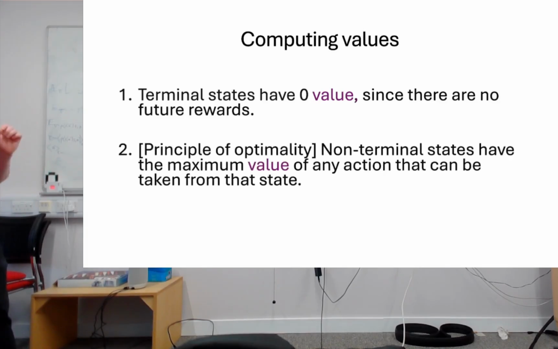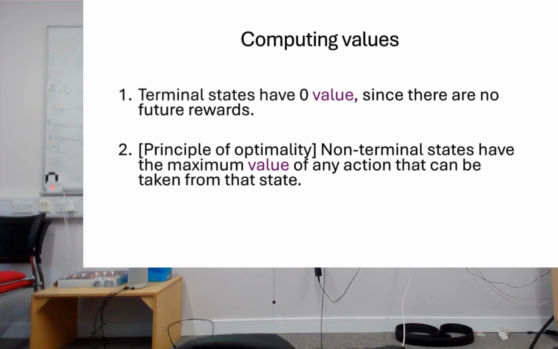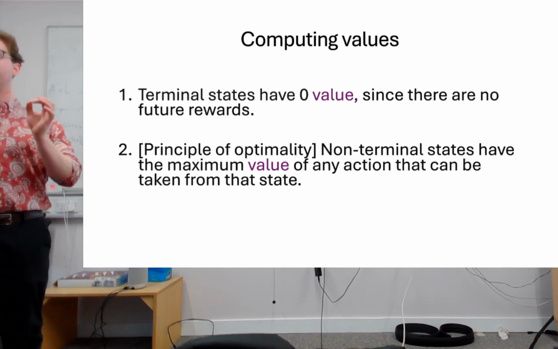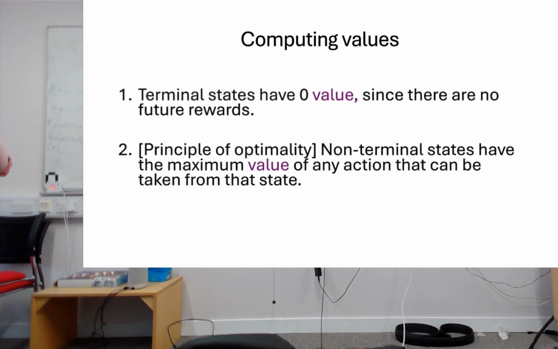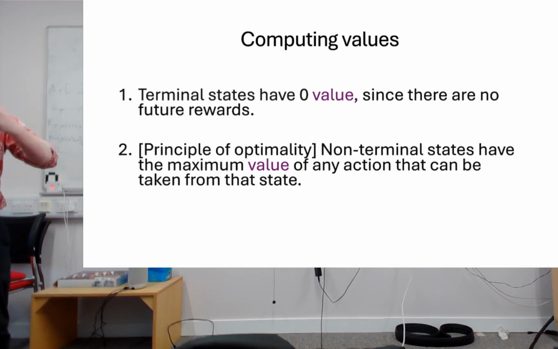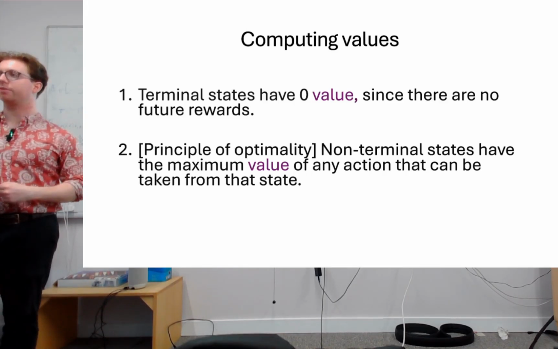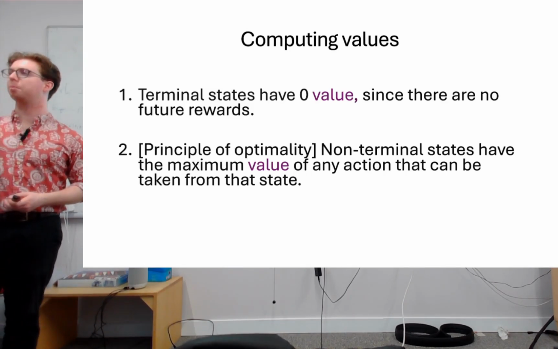The second axiom is what we call the principle of optimality. This says that if I'm at a non-terminal state, the value of that state is the maximum value of all the actions I can take off that state. And this is precisely that part about assuming optimal play.